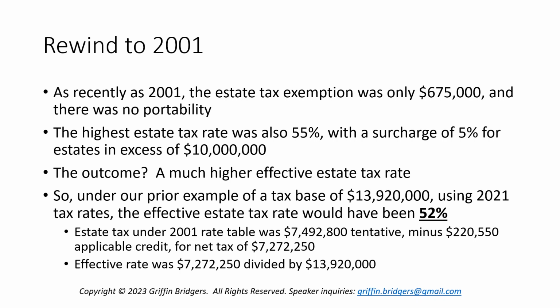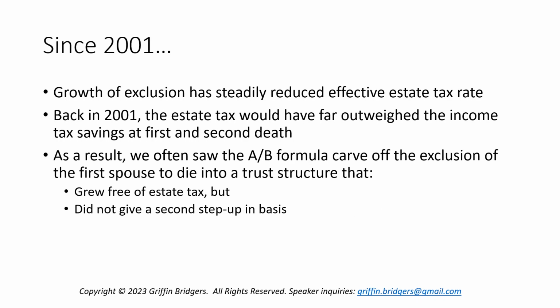But when we get down to 40%, yeah, that becomes more likely when we combine federal and state. But remember, we're not using 40% as our effective rate. We'll never meet 40% as our effective rate if you're familiar with calculus and limits, because the exclusion amount will always keep our effective estate tax rate under 40%.